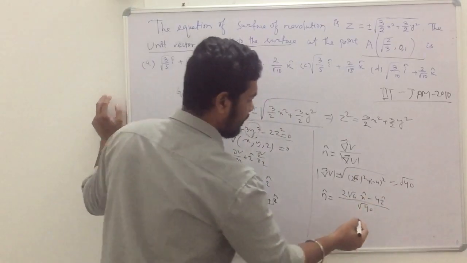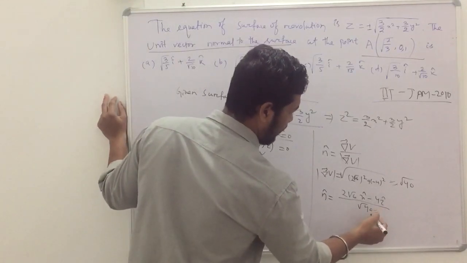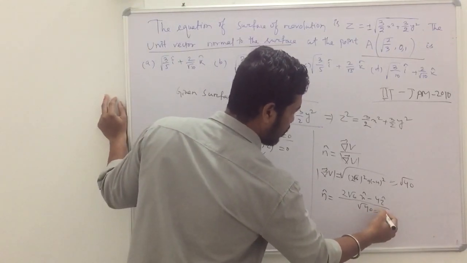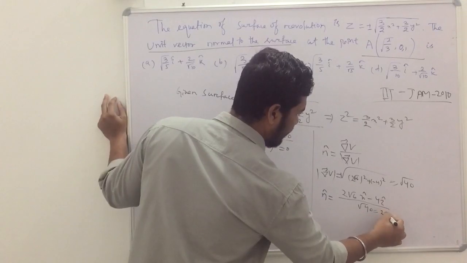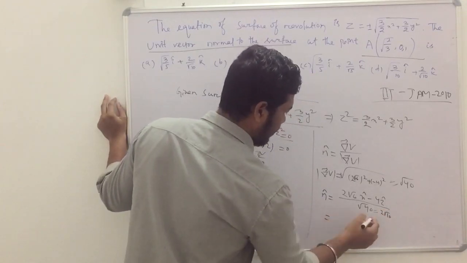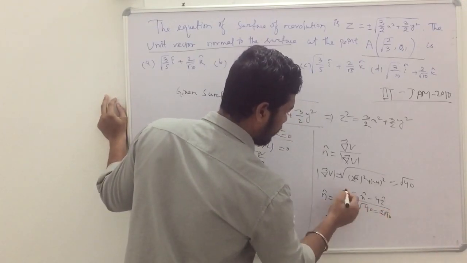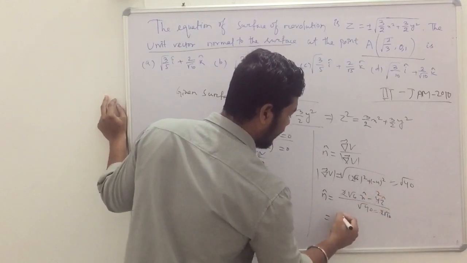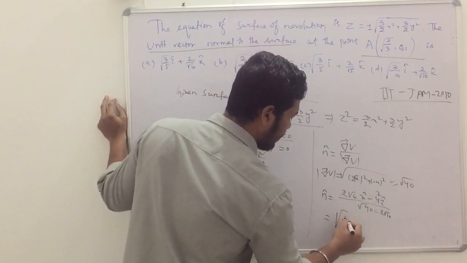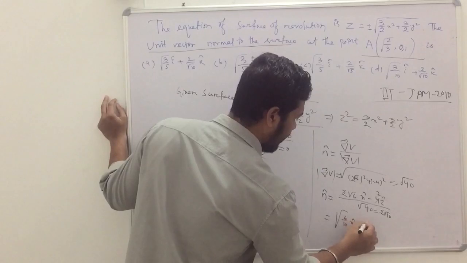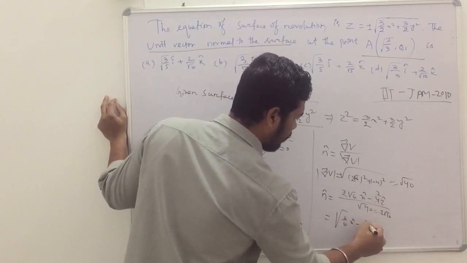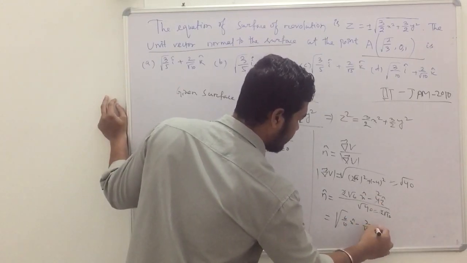By solving this, root 40 equals 2 root 10, so the 2 cancels. You will get root 6 by 10 x cap minus 2 by root 10 z cap.